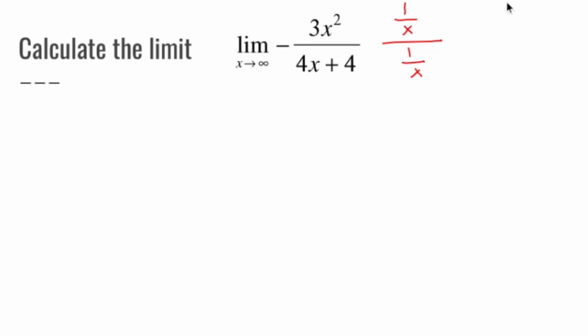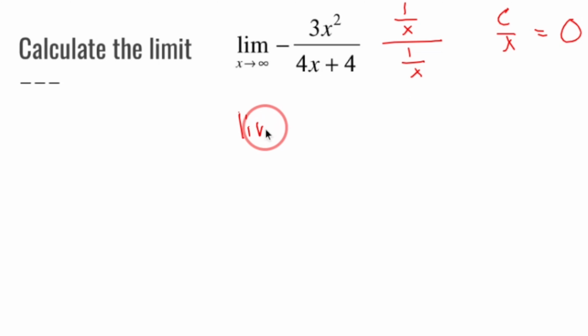Why does this work? Well, there's a little trick that says if you have some number over x and x is approaching infinity, x is going to get larger, larger, larger, and eventually that'll turn into 0. Okay, so I can't have infinity over infinity, but I can have something different.